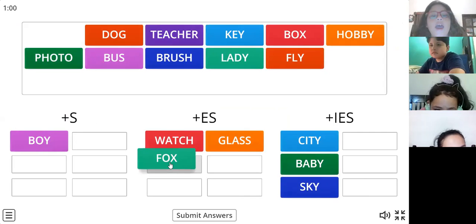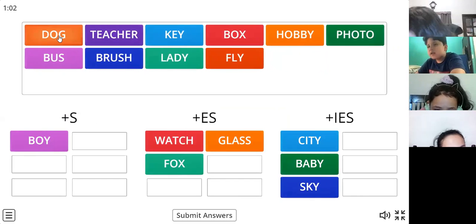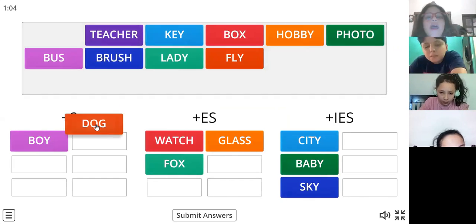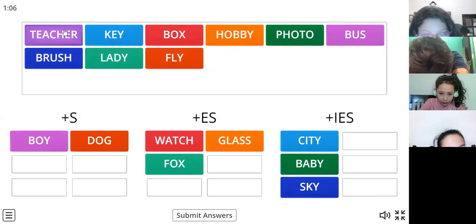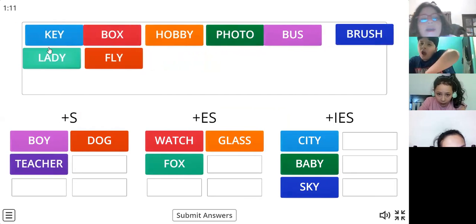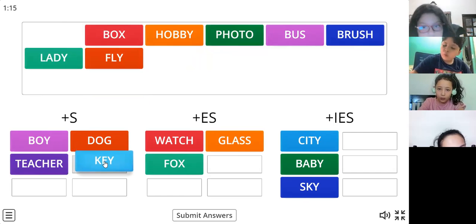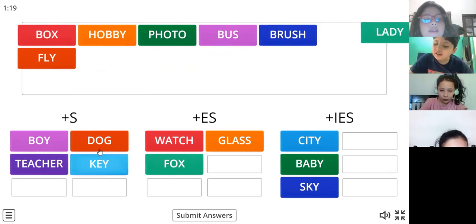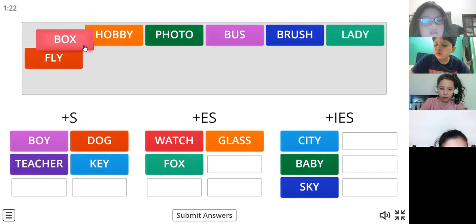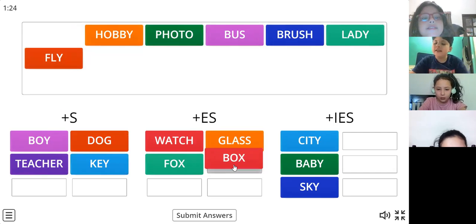Foxes, E-S. Dog, S. Teacher, S. Key, S. We have a vowel before, just the S. Box, E-S.